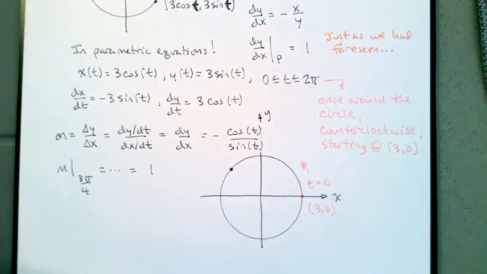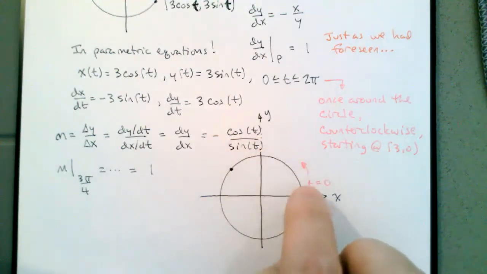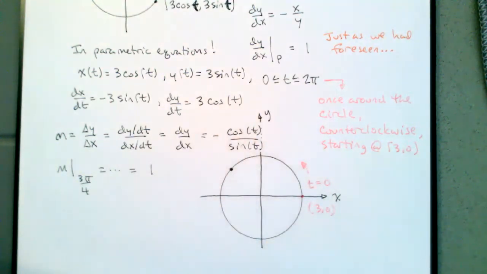We've given it a direction. It's not just a circle sitting there where we draw a tangent line. We're now going counterclockwise around the circle, because counterclockwise is the positive direction. We start off at the positive x-axis and go towards the first quadrant first.